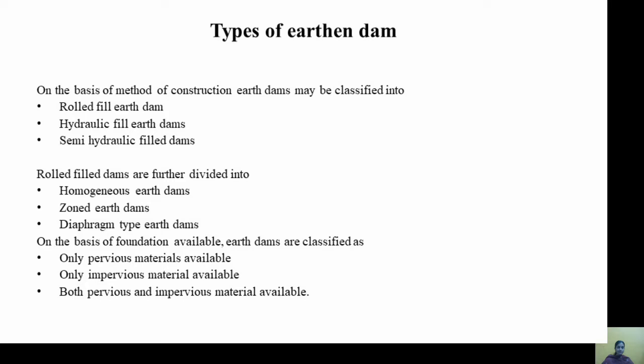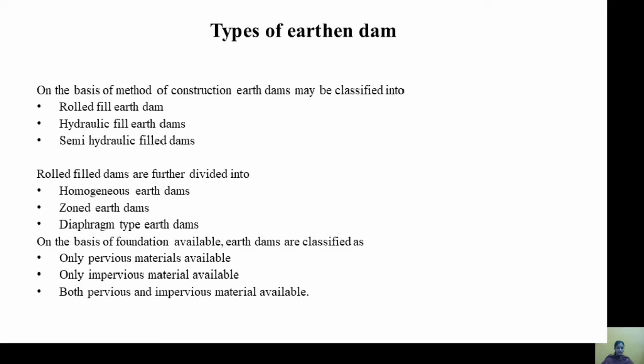Coming to the types of earthen dams. On the basis of method of construction, earth dams may be classified into roll-filled earth dams, hydraulic filled earth dams, and semi-hydraulic filled earth dams.